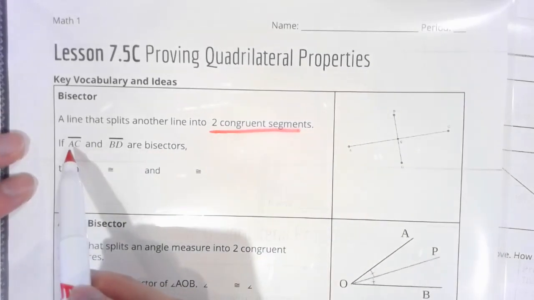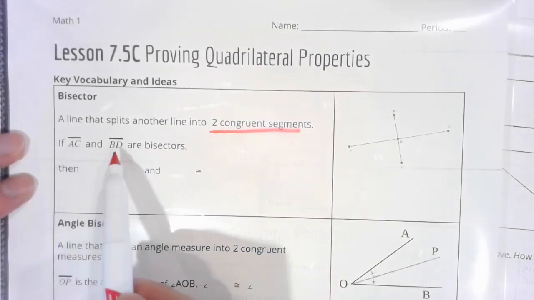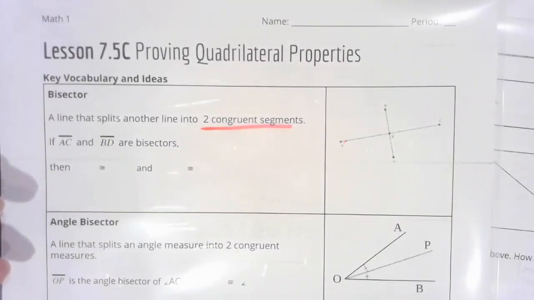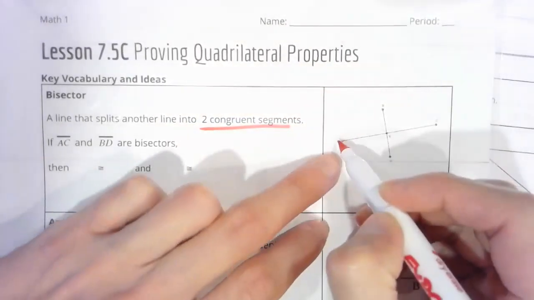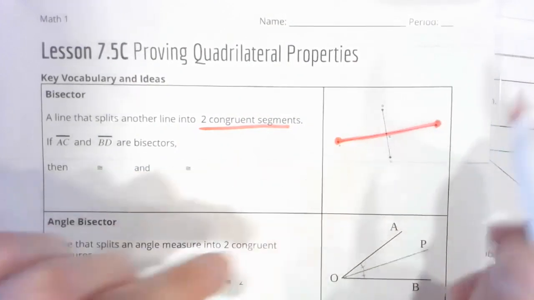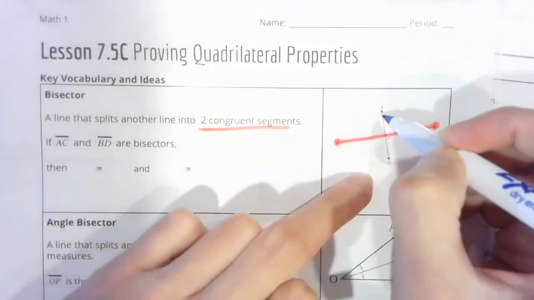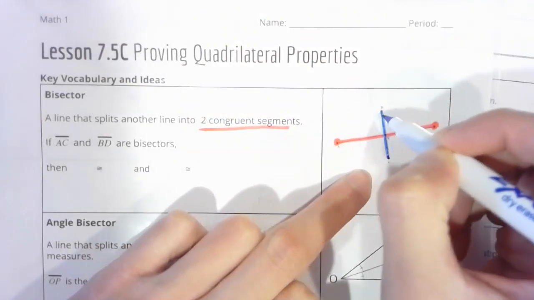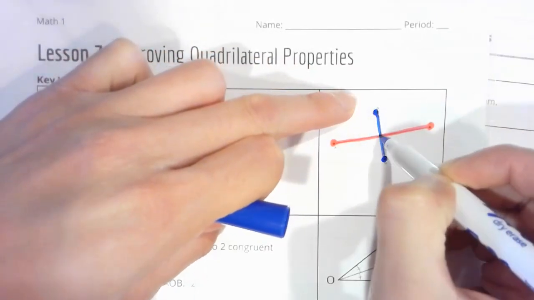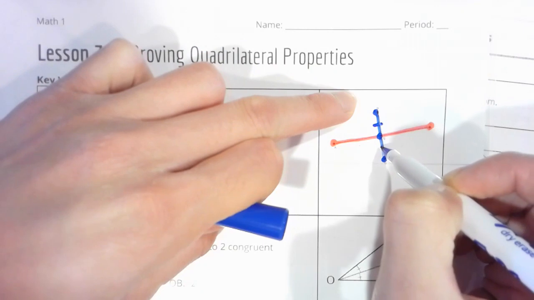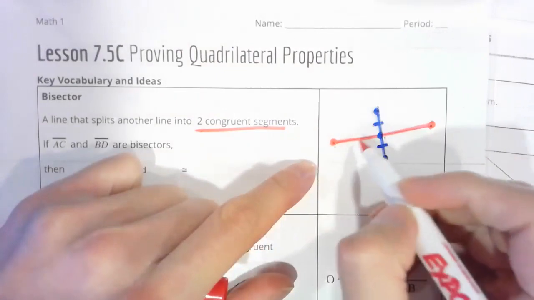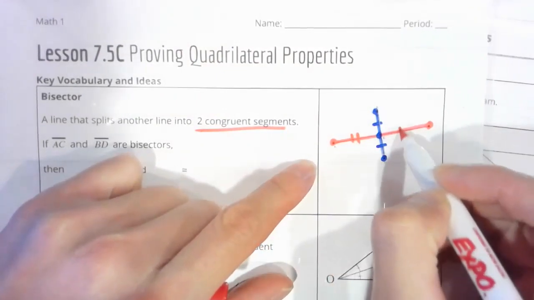So it's telling us here that line segment AC and line segment BD, that's these two, are bisectors of each other. So if that's the case, that would mean that each of these lines is splitting the other into two equal halves. So this segment would be congruent to this half, and this half would be congruent to this half.